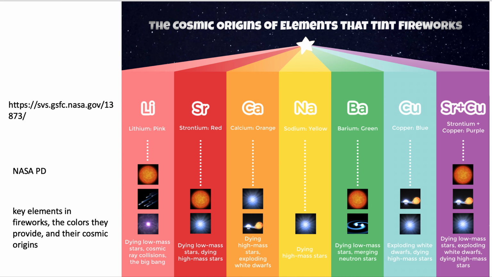And an interesting one here, particularly relevant for the spectra of decoding starlight: the elements that come from stars that we have on Earth as well, that give the colours of different fireworks.